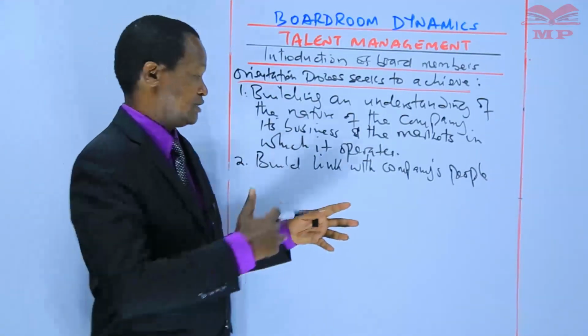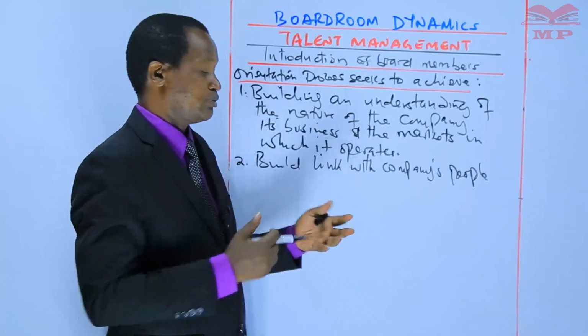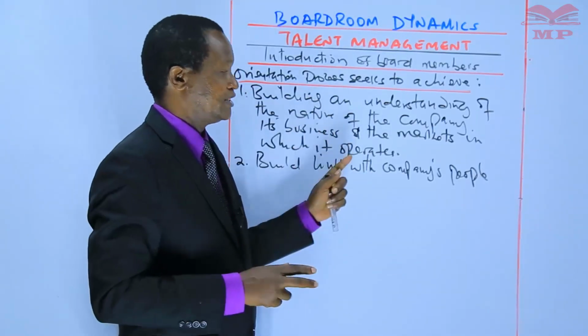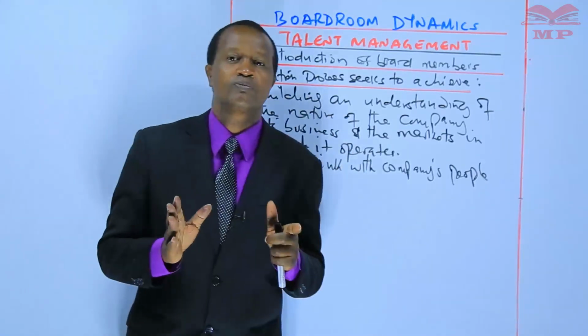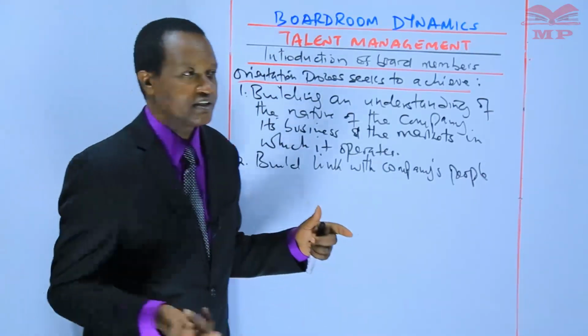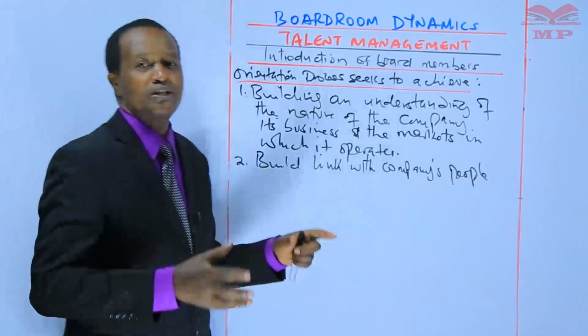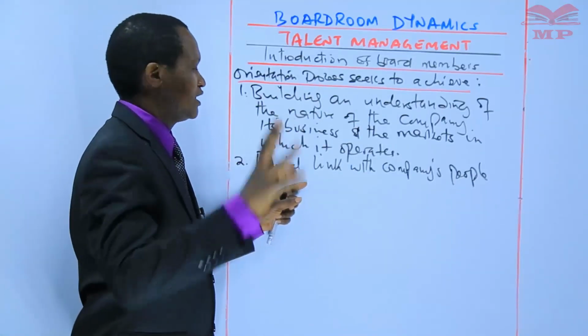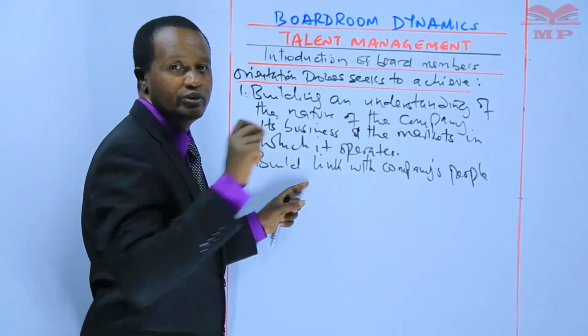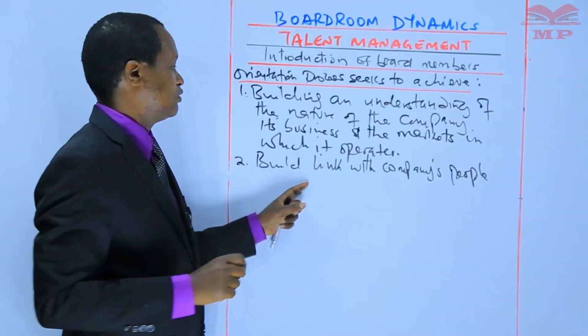There has to be a link that has to be built between that director and the company's people, like the chief executive, the other members of the board, the top management team. The new director has to be linked to these important people of the company.